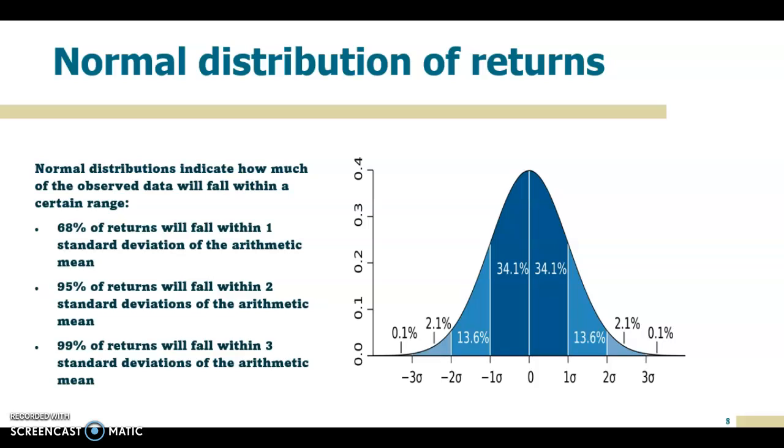In general, the mean refers to the average or most common return in the investment portfolio. This means that most of the observed returns are clustered near the mean, while returns become less frequent the farther they are from the mean.